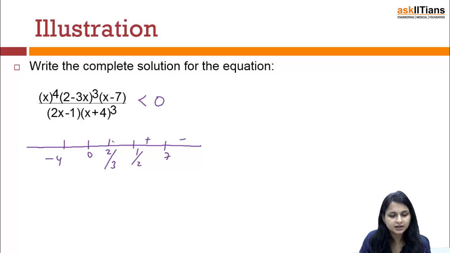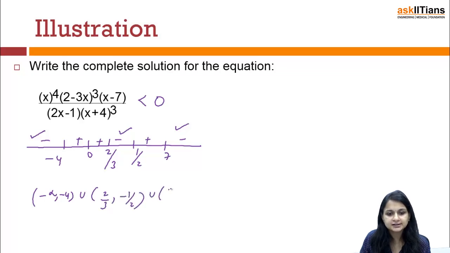So positive, negative, positive, positive here and negative here. Now, to write the complete solution, I'll take this region and this region. So minus infinity to minus 4, union 2 by 3 to minus half, union 7 comma infinity. This will give me the complete solution.